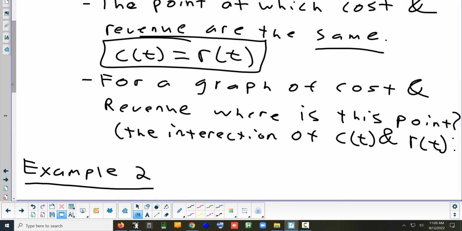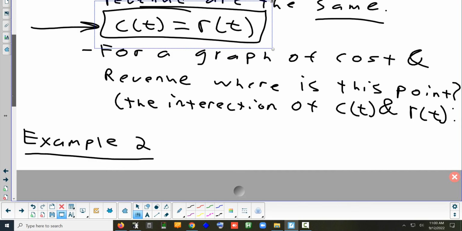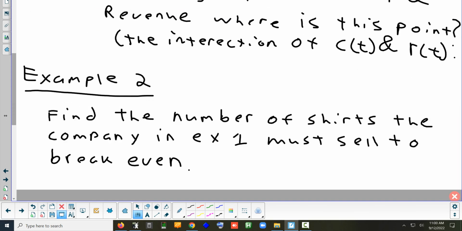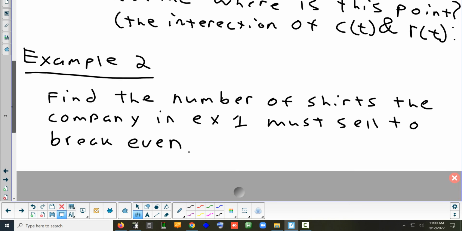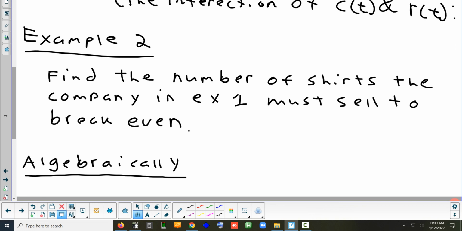To do it algebraically, you just look at what our formula was for C of t, look what it was for R of t, and substitute in those two things and solve. So C of t, what was the cost to make each shirt? 1.5.